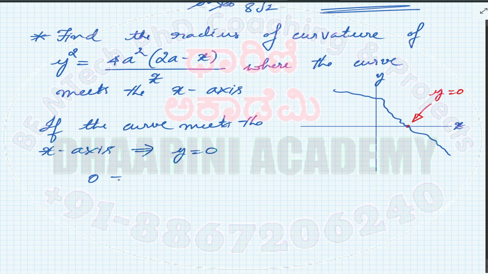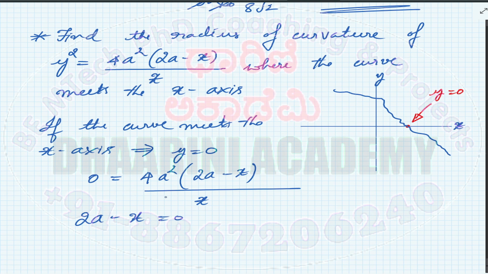On the left hand side I'll write 0, because at the point where it touches the x-axis, y is 0, so y square becomes 0. This is 4a square into (2a minus x) whole divided by x. So 4a square also goes to the other side, which becomes 0. So now I have 2a minus x equal to 0.